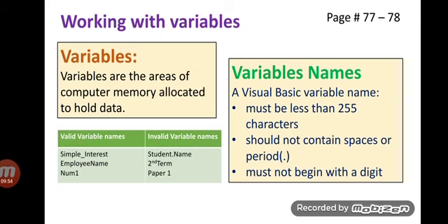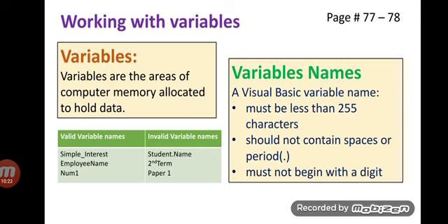Each variable in VB has a specific type which determines the size and layout of the variable's memory, the range of values that can be stored within that memory, and the set of operations that can be applied to the variable. So here you have valid and invalid variable names in VB.